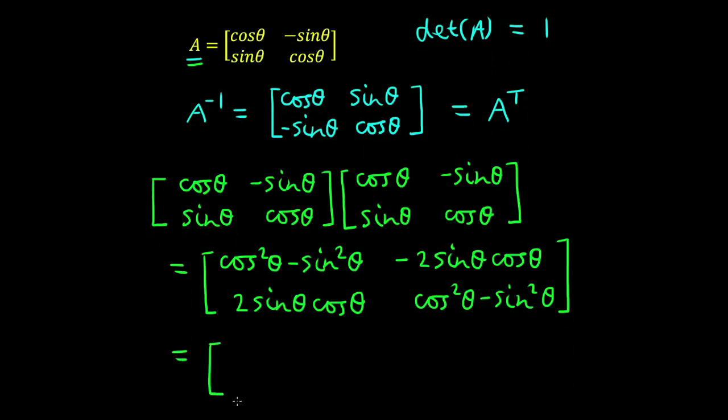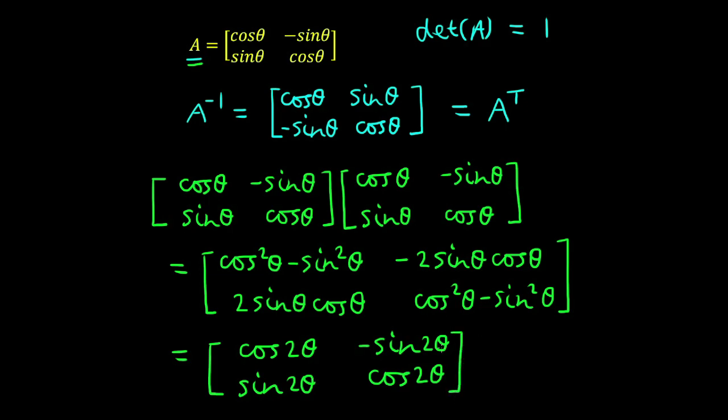So if we use some trig identities, the entries on the diagonal give cosine 2 theta, and the entries off the diagonal give minus sine 2 theta, sine 2 theta. So essentially multiplying the same rotation matrix with itself results in a rotation matrix that doubles the angle of rotation. And you can easily verify that this matrix is orthogonal by multiplying it by its transpose, which should give you the identity matrix.